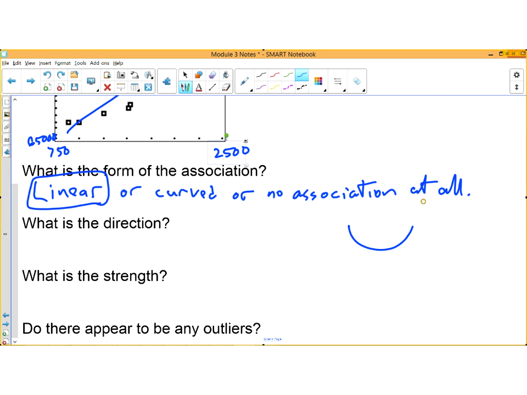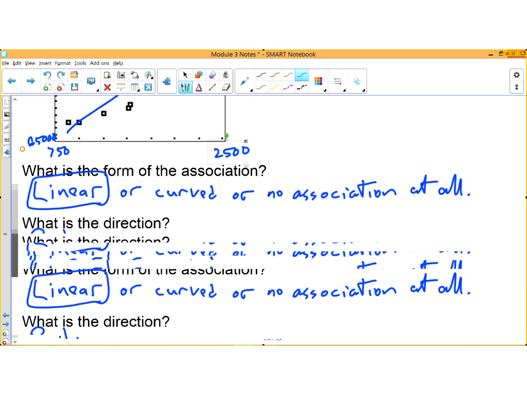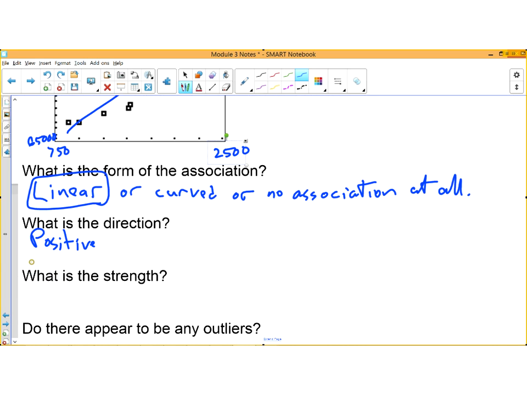If you have a curve like this, that's a curve with a negative direction. But if you have a curve like this, you might say it actually has a curved direction. Positive direction, basically you can think of it like a positive slope, or as x goes up, y goes up.